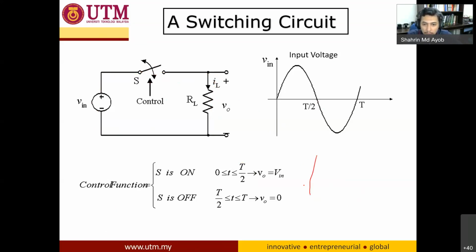Meaning that the full waveform for your V out is like this: from 0 to half cycle, and then from half cycle to full cycle is 0 voltage. And then it is repeated again and again. So you will have a V out waveform like this.